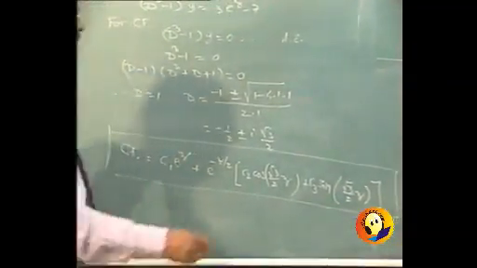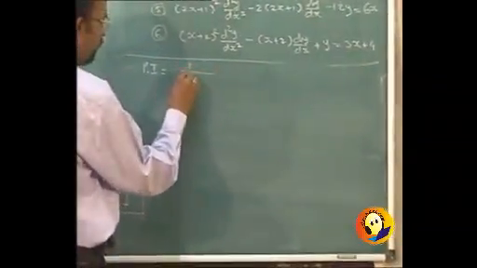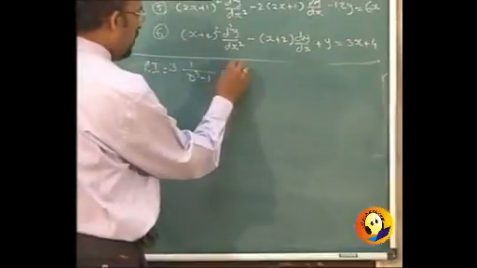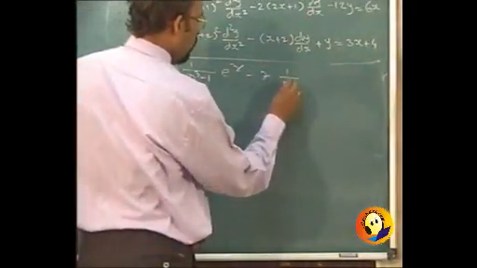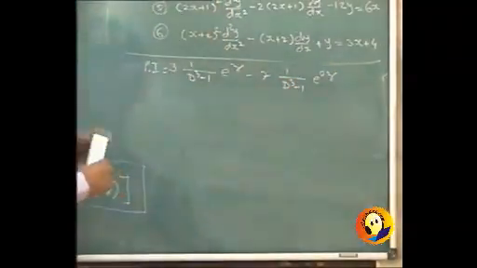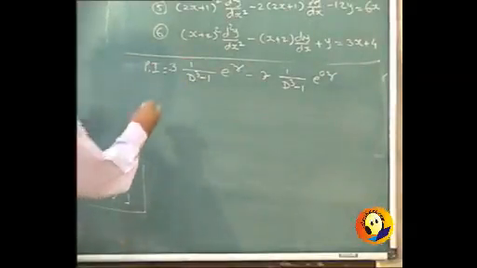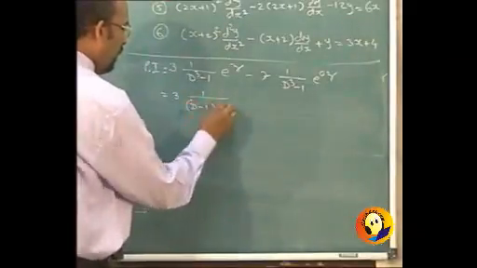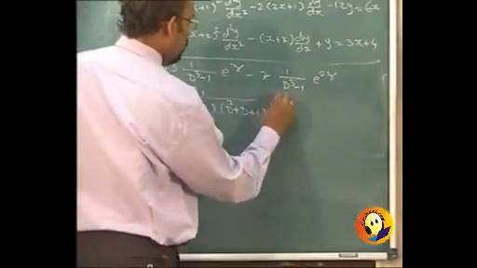Now PI can be written as 1 upon D cube minus 1, 3 can be taken outside operating on e raised to z, minus 7 times 1 upon D cube minus 1 operating on e raised to 0z. Now if I substitute D equal to 1 over here, it becomes 0. So we will have to factorize the first one. It is 1 upon D minus 1 into D square plus D plus 1 operating on e raised to z.